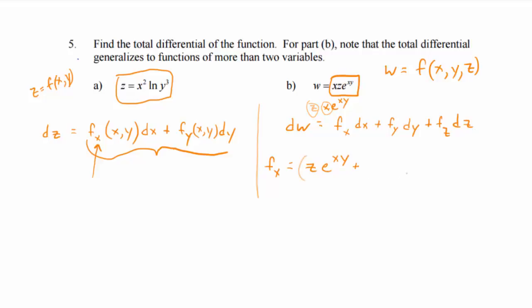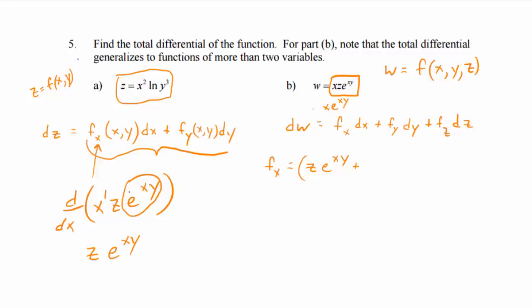Plus, we have this function x z e to the xy, and we want to take the derivative with respect to x. There's two functions of x there, x times z, or z times x if you want to switch the order, times e to the xy. So take the derivative of the first, and that x disappears, leaves you with just the z e to the xy. Everybody believe that? Then take the derivative of the second, with respect to x still, so plus what?